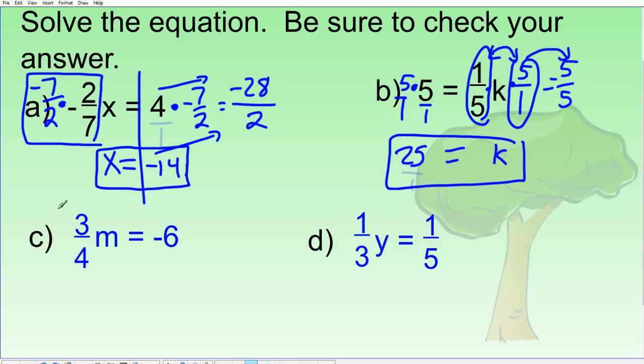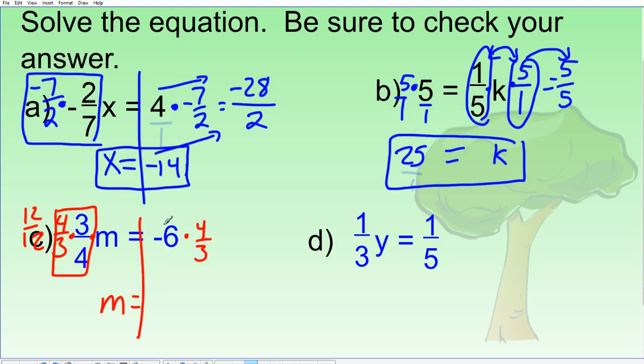Okay, so letter C. In order to get rid of this times 3/4, I'm going to multiply by the reciprocal. That makes this piece here equal 12 over 12. If I multiply across the top, I get 12. Multiply across the bottom, I get 12. And 12 over 12 is equal to 1m. On the other side, when you multiply by 4 over 3, you've got to make this a fraction.